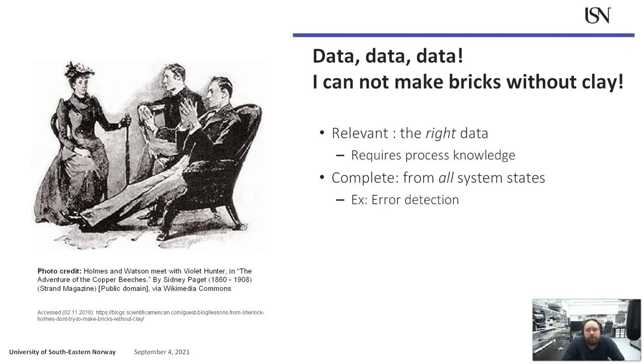An example of that is in error detection. If you want to detect when a system is about to fail, then it really doesn't help to have all your data from a system which is in perfect working condition. So let's say you want to build a model that can detect failure of a train track or something like that, then you actually have to drive the train over the faulty track repeatedly to collect information about when the system isn't working.